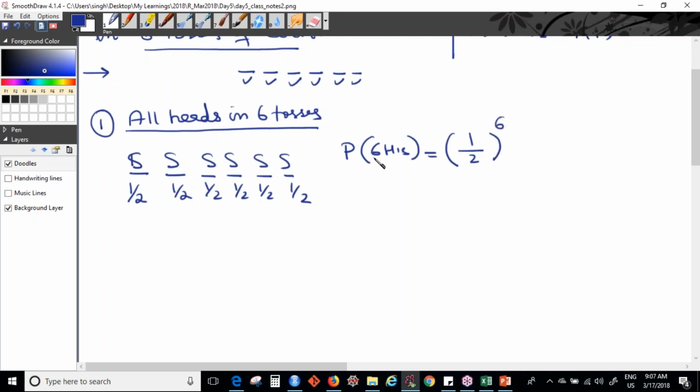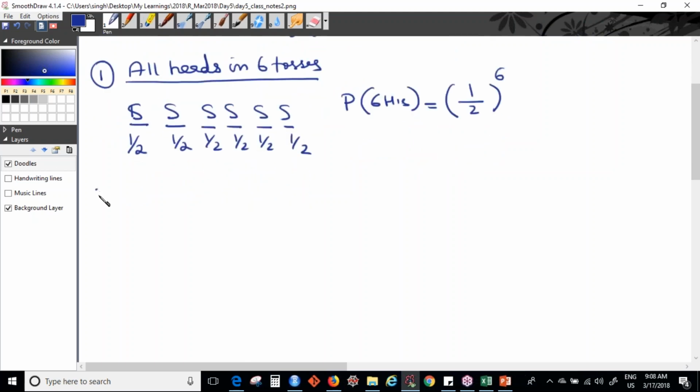Okay, this is the probability of getting 6 heads when you toss a coin 6 times. And we see it makes sense also. So 1 by 2 to the power 6 will be a very small number. And we know that getting 6 heads when you toss a coin 6 times, the probability of that should be very small. We all know that. It cannot be large, right? You cannot win the toss 6 times in a row. Okay, so the probability will be very small. So this is the probability.